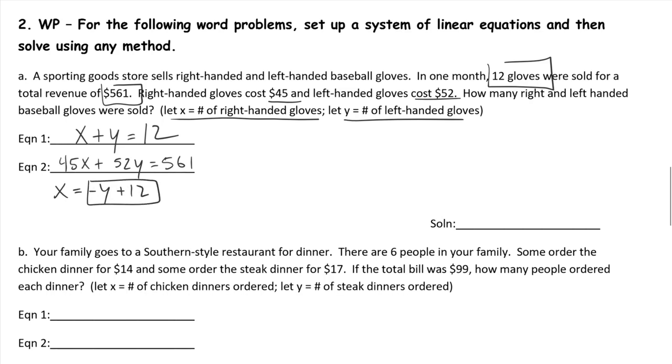And we'll substitute this in for x in our second equation. So we've got 45 times negative y plus 12 plus 52y equals 561.